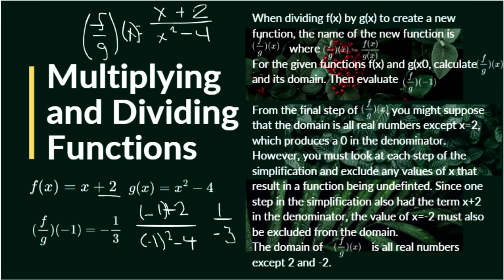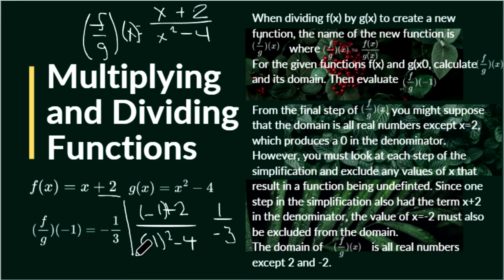I don't really remember this domain stuff. But they say that produces a 0 in the denominator. Oh, okay, I can see why. Because if x is 2, then 2 squared would be 4, and 4 minus 4 would be 0. Okay, so they're saying that can't work, because if you have a 0 in the denominator, it's an undefined number, and that's not a real thing. Okay, so you can't have 0 in the denominator.